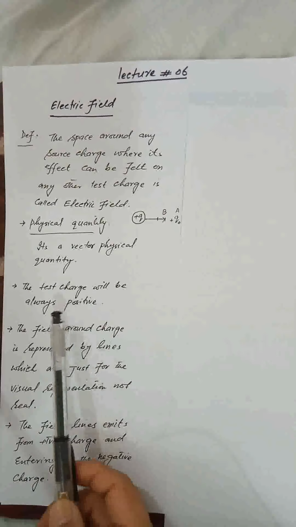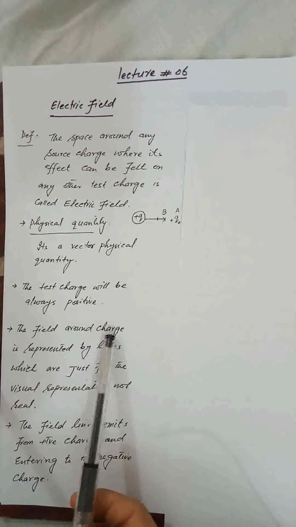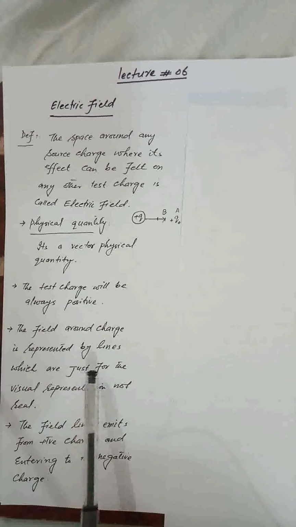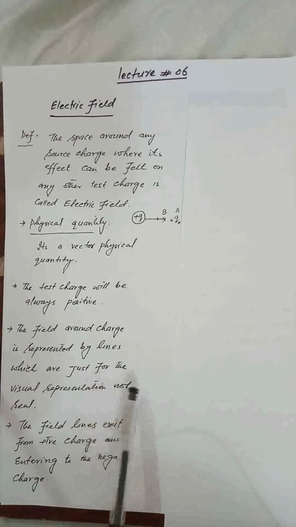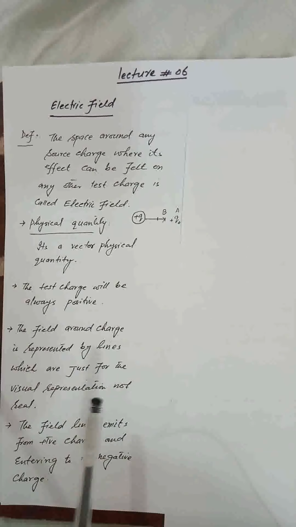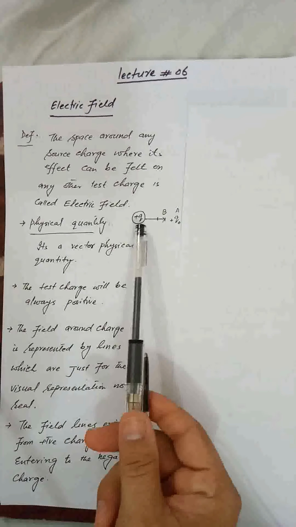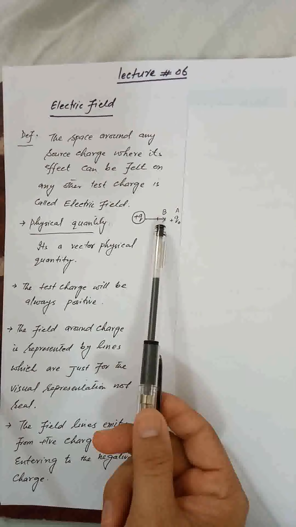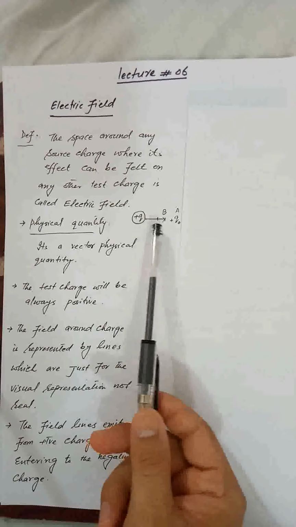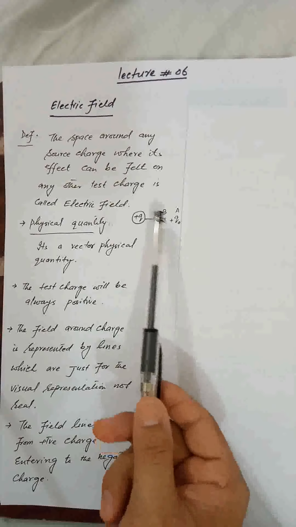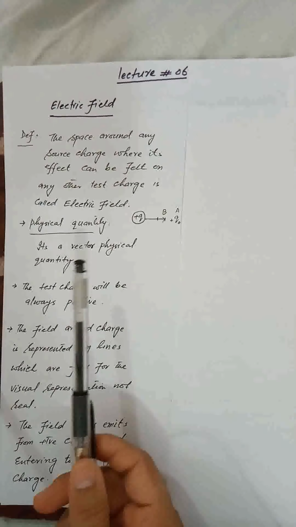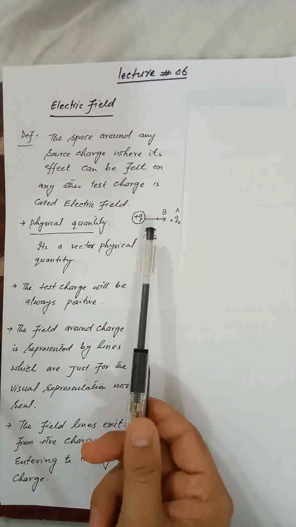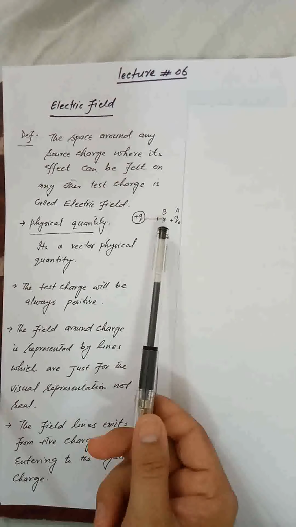The field around a charge is represented by lines, which are just for visual representation, not real. It means that everywhere we represent electric field by lines, but actually the field is not in the form of lines. It is continuous all around. We just present it for visual representation for our simplicity.